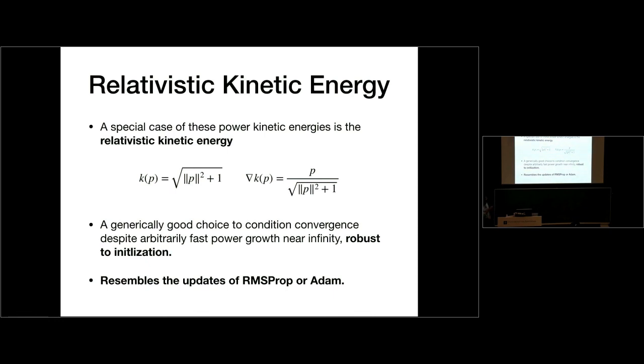You don't have to worry too much about it, except I want to note that, up to some dimensionality issues, this looks a lot like the position update of RMSprop, Adam, and Adagrad. And we show in the paper that this choice of the kinetic energy is a generically good choice for functions that look quadratic near their minimum but have arbitrarily fast power growth near infinity.